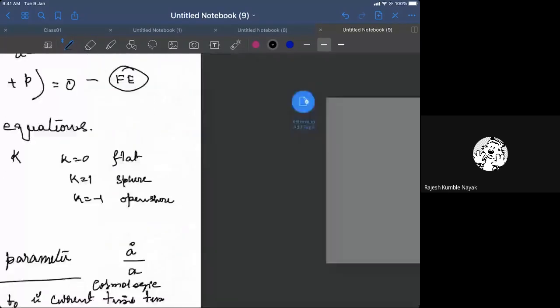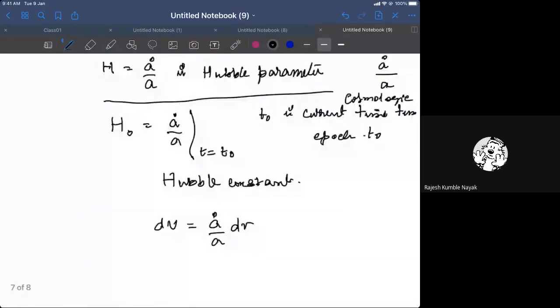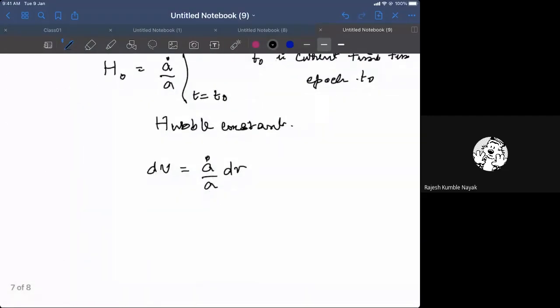This relation can be simply written down, and it shows that V is equal to H naught times R, or distance. So this is the basic way of defining the Hubble constant. It's actually a cheat. We are not actually doing anything here.